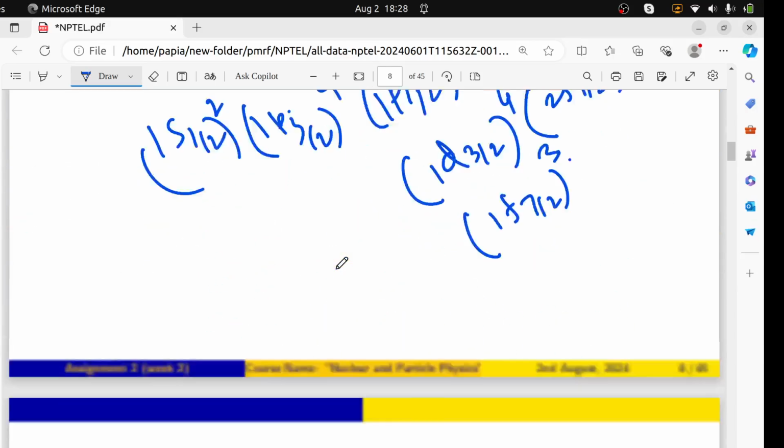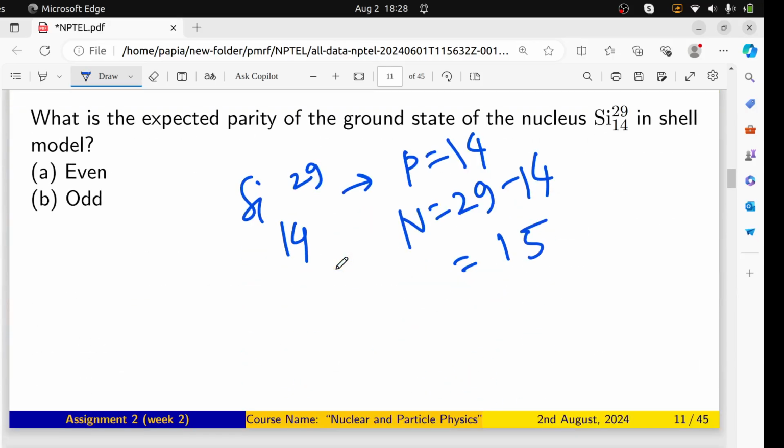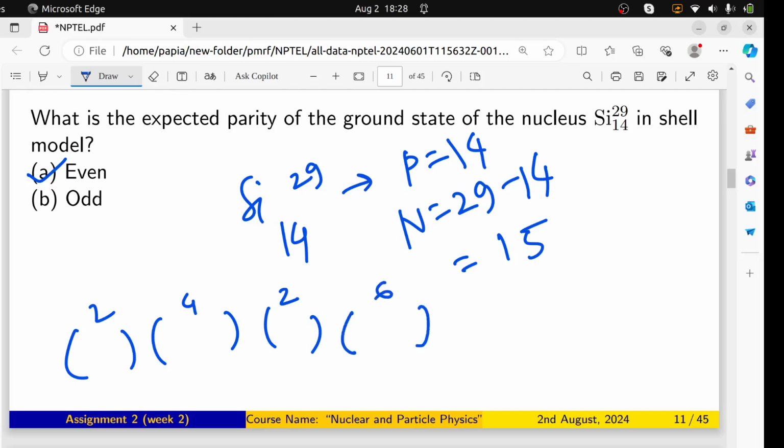So coming to the question, yes. For this case, whatever we need to write: 2, 4, 2, as a whole 8, then there will be 6, then there will be 2s 1/2 ^1. So as a whole it will be 15.